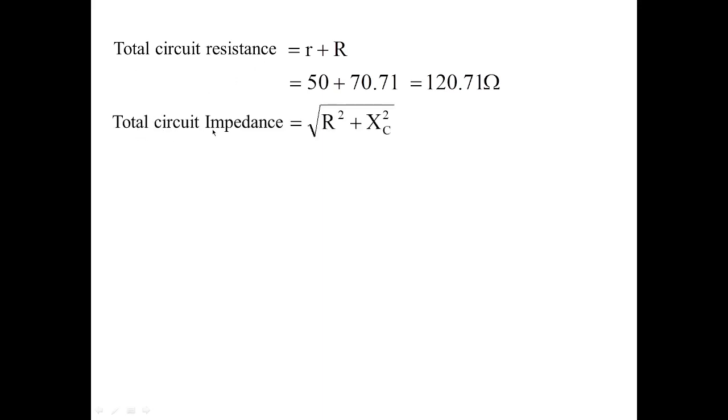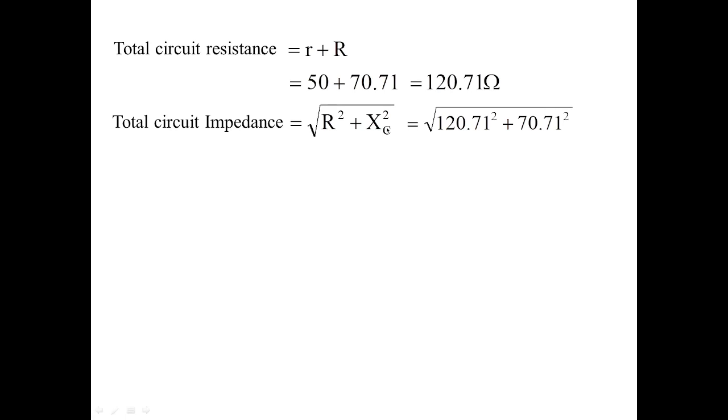Estimate the total circuit impedance, which is equal to under root of R square plus Xc square. Now here this R I am treating to be the total circuit resistance. So total circuit resistance is 120.71 square plus 70.71 square. What is the 70.71? This is the coil reactance. This is not the capacitor reactance. It is the coil reactance.